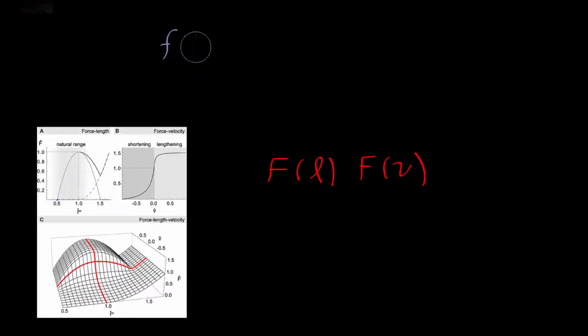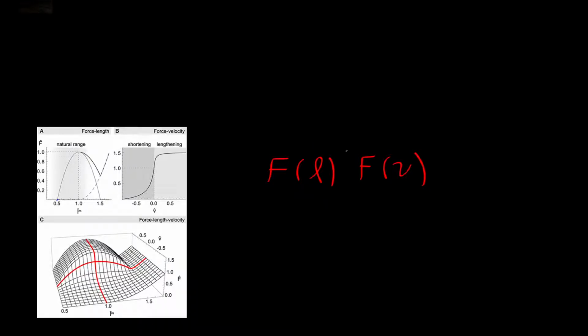And I'm saying that f of v is the force-velocity relationship, which makes some graph that looks like this, our force-velocity relationship. And who cares what the actual equations are?